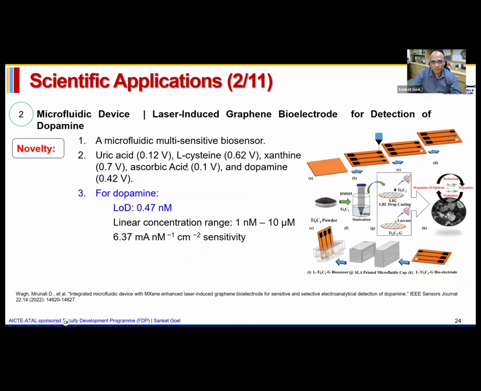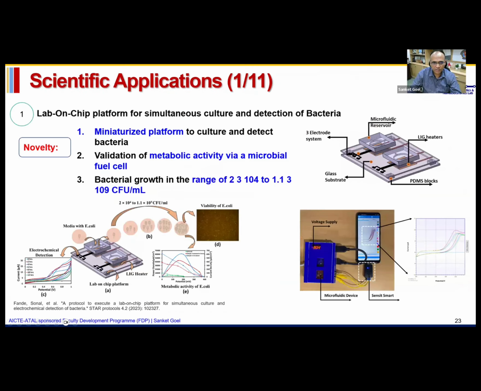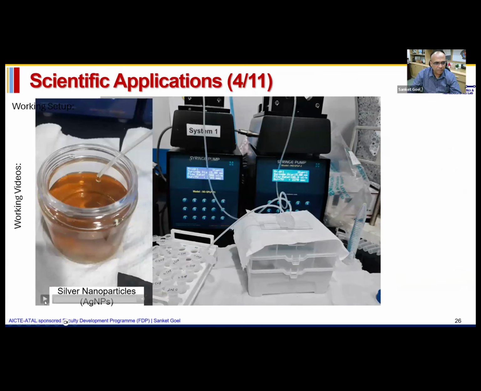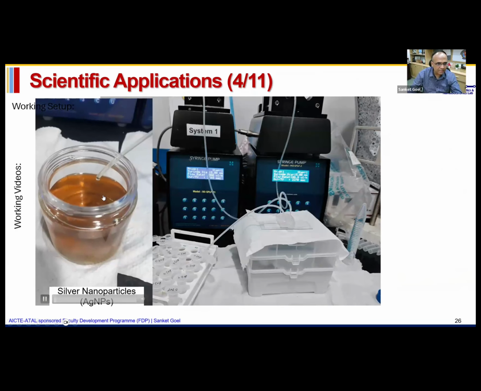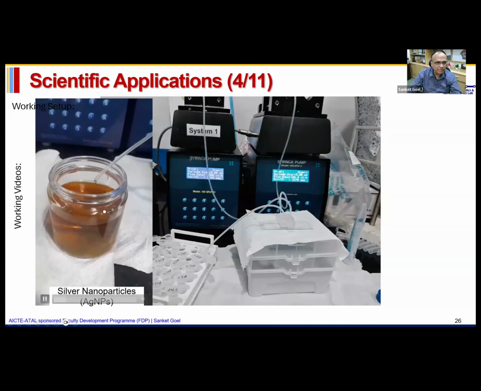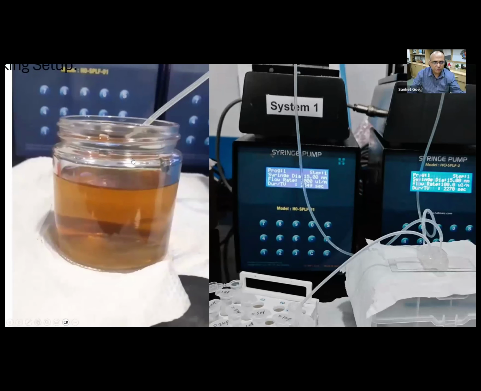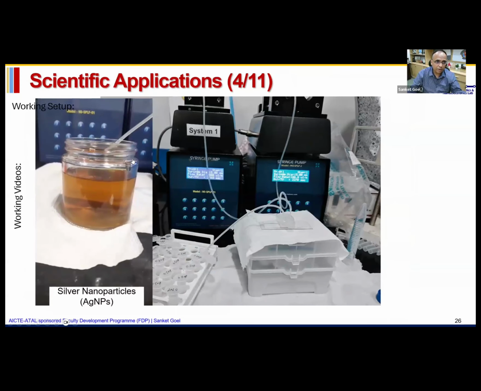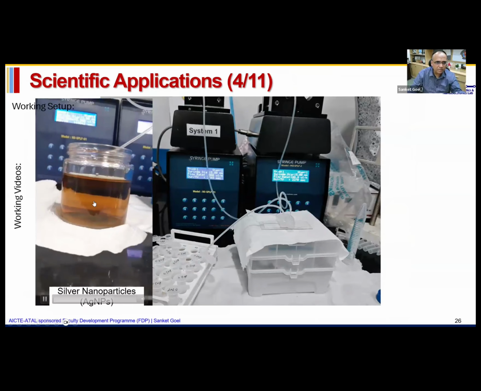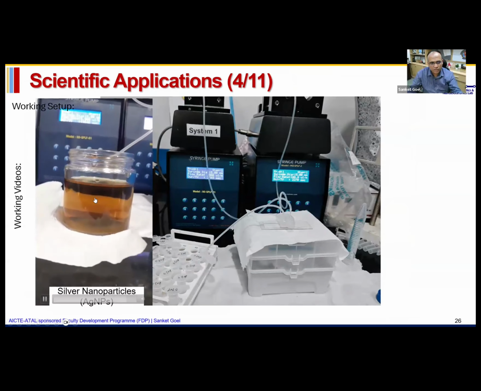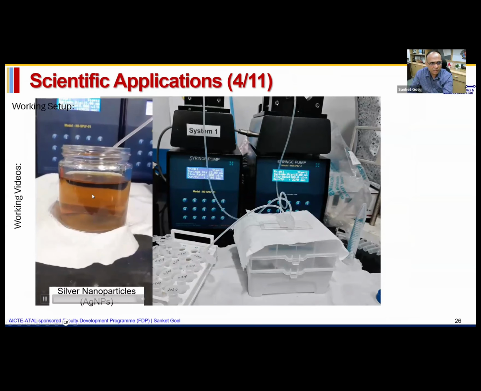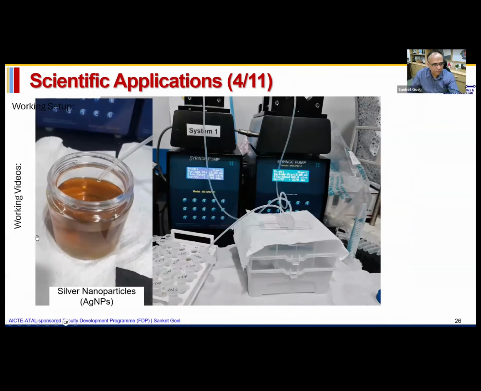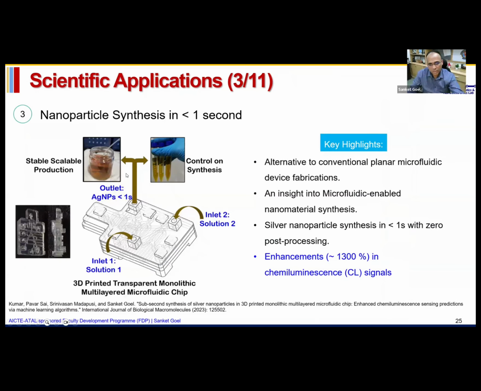So I'll just start to share with you how the silver nanoparticles are created. At the end of the microfluidic device, we can accumulate the supernatant and the outcome, and can collect these silver nanoparticles after going through the entire stage in this microfluidic device, which I'm showing you in front of you.